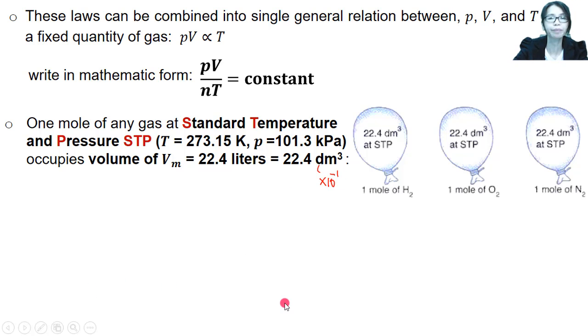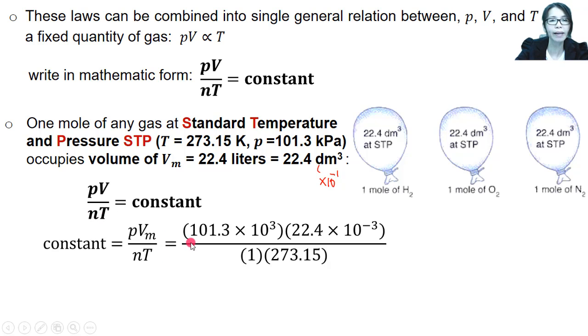Okay, so class, we take the equation PV over nT is always a constant value. Then I put in the values for the condition at standard temperature and pressure. The pressure is 101.3 times 10 to the power of 3. The volume occupied is 22.4 decimeter cube, which I change to meter cube by times 10 negative 3.